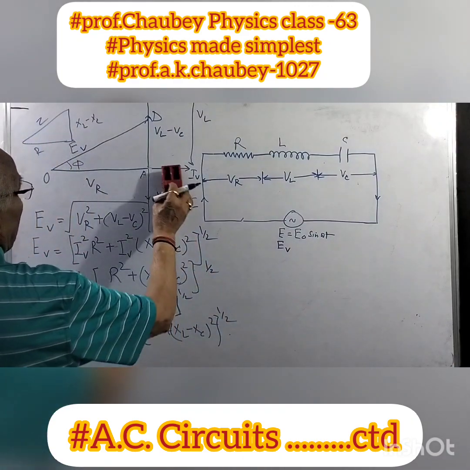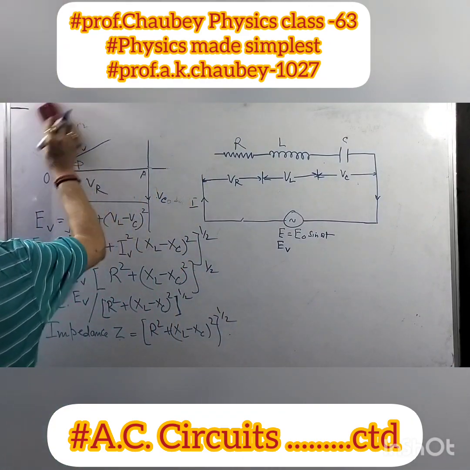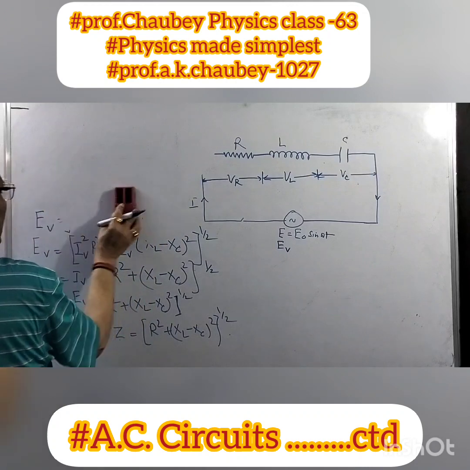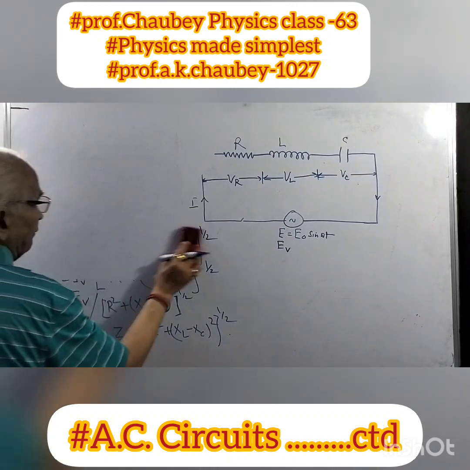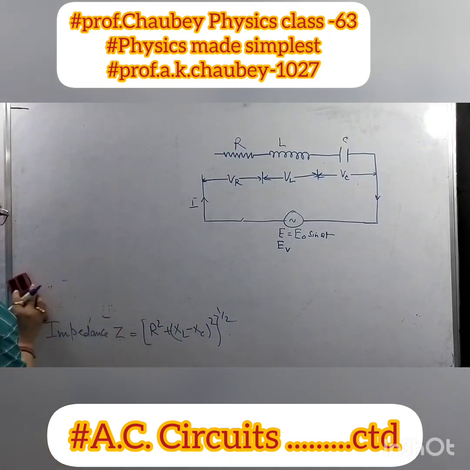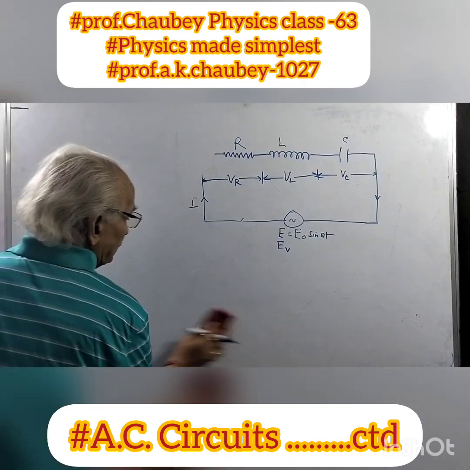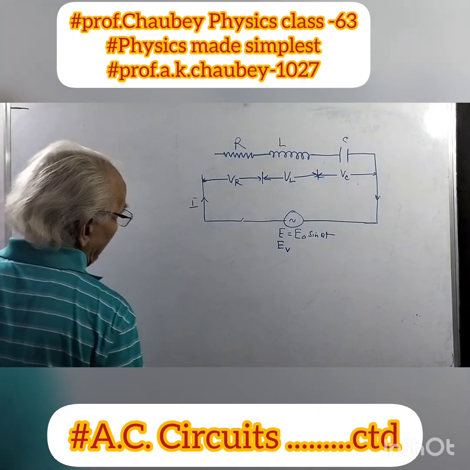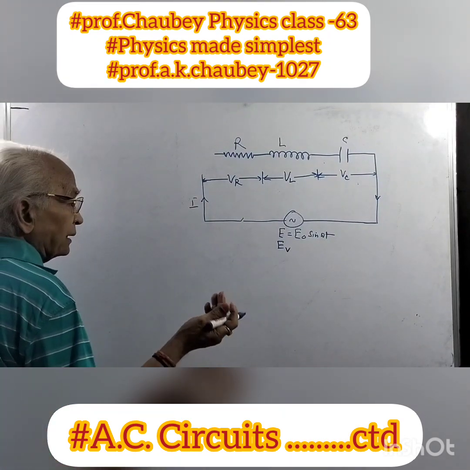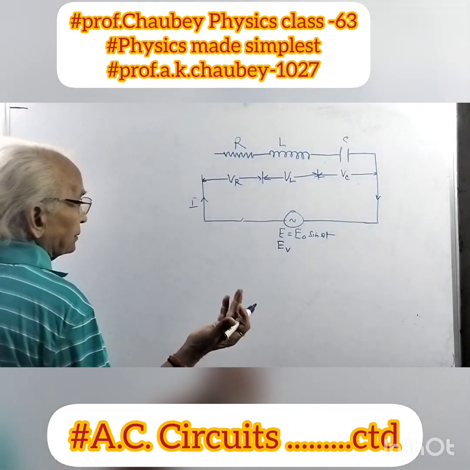So now you can see that it depends upon the XL and XC value, that is the VL and VC value, which is more. So you can have XC minus XL or XL minus XC.